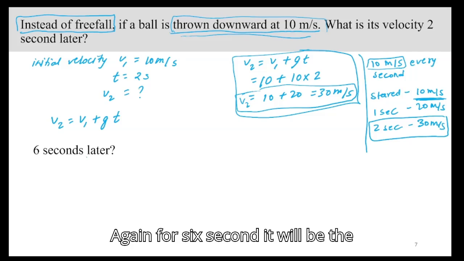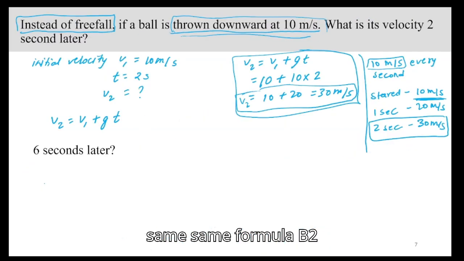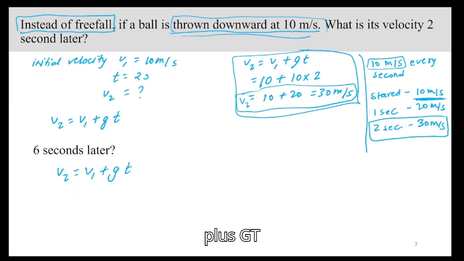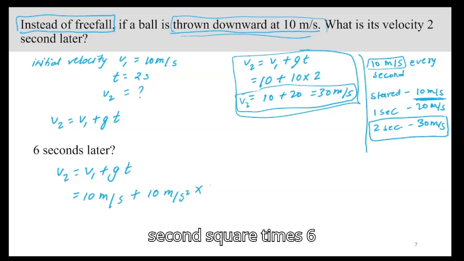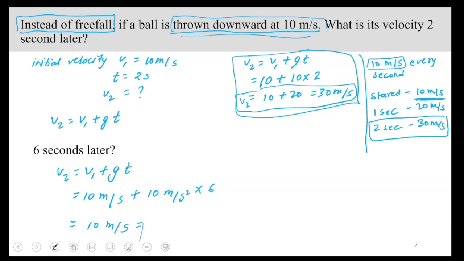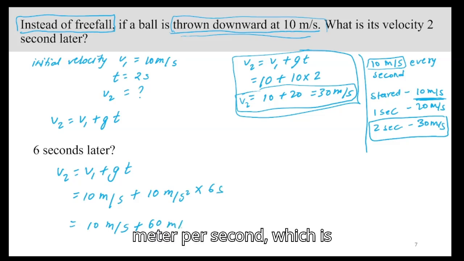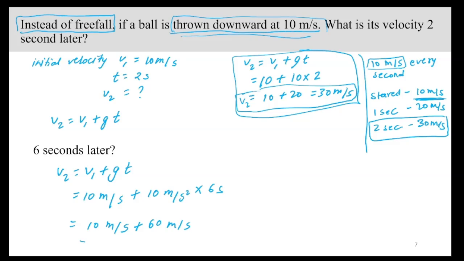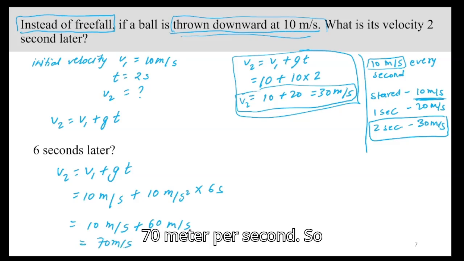Again, for 6 seconds it will be the same formula. v2 equals v1 plus gt, 10 meter per second plus 10 meter per second square times 6 equals 10 meter per second plus 60 meter per second, which is 70 meter per second.